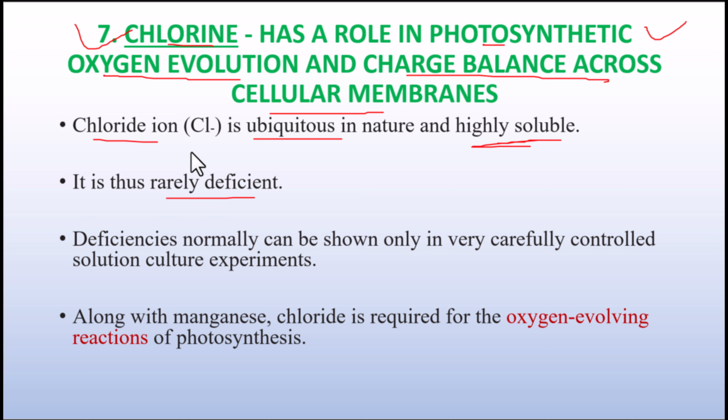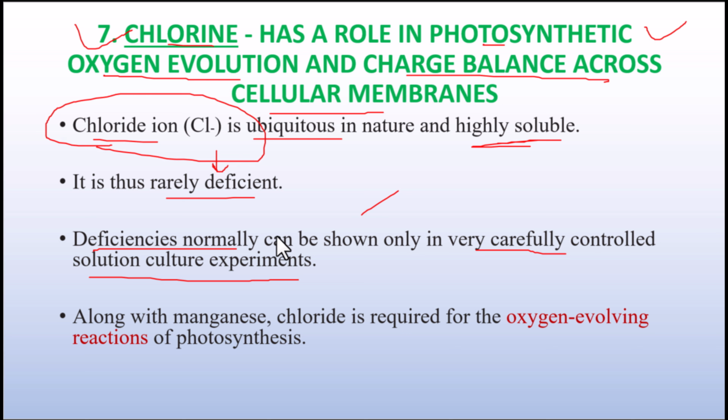It means chlorine deficiency is rarely seen in plants, and deficiency normally can be shown only in very carefully controlled solution culture experiments. In natural conditions you never see chlorine deficiency in plants.